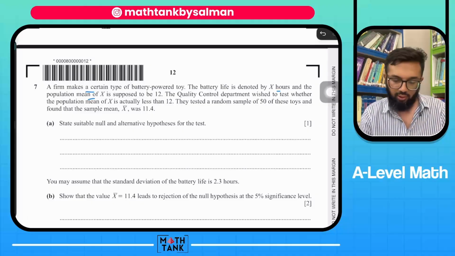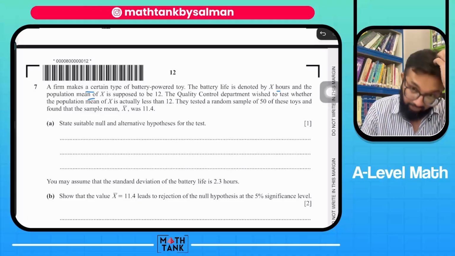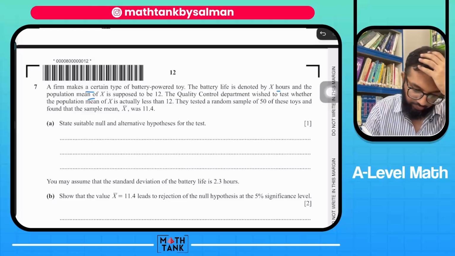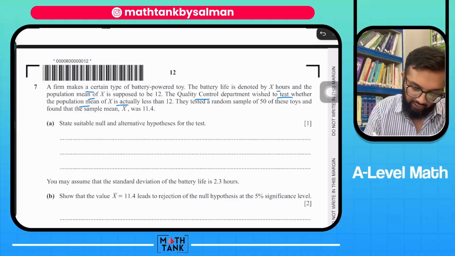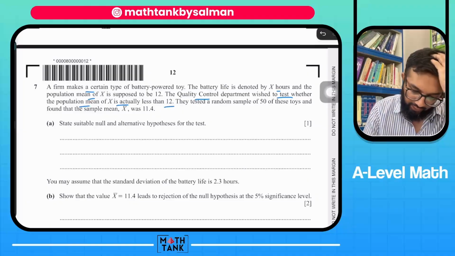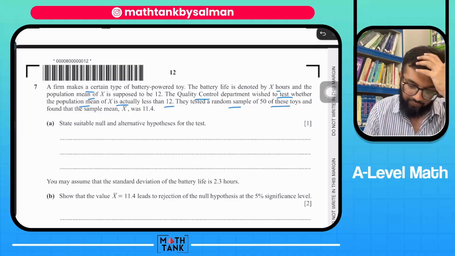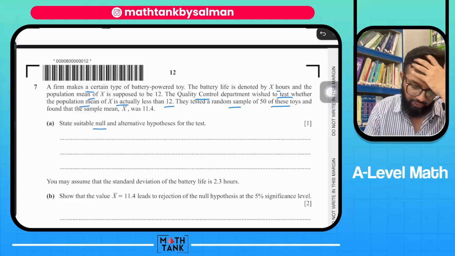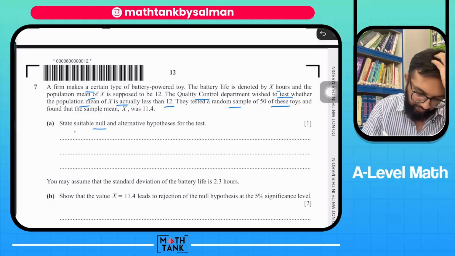The quality control wishes to test whether the population mean of X is actually less than 12. They tested a random sample of 50 of these and found that the sample mean X bar was 11.4. State suitable null and alternative hypotheses for this test. So H naught is mu is 12.